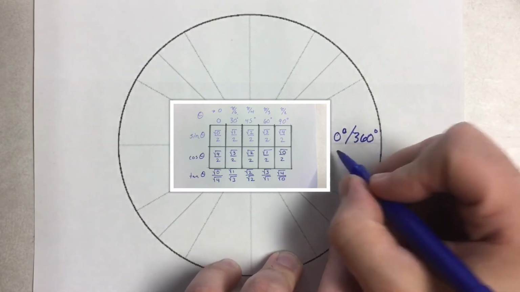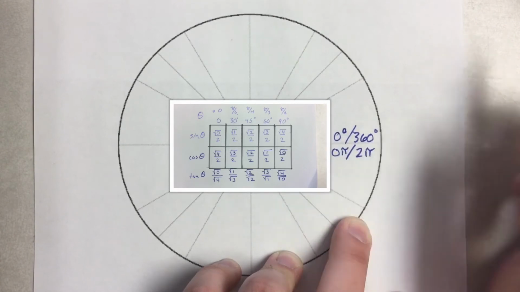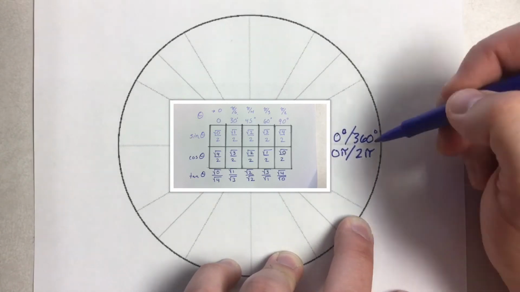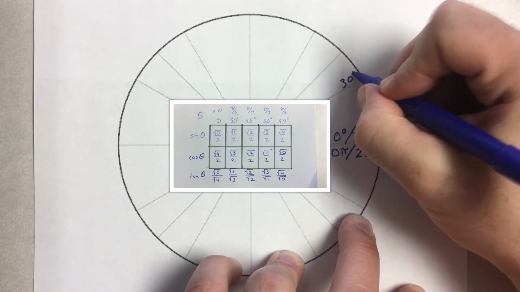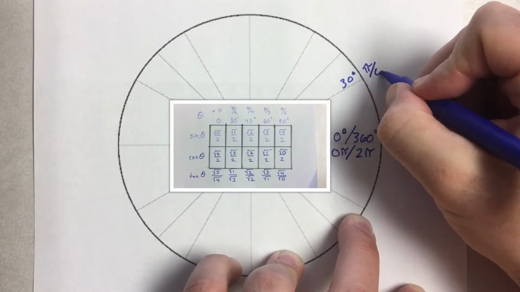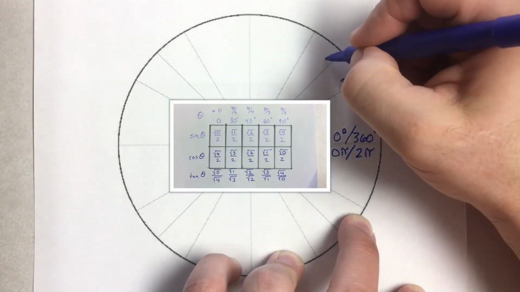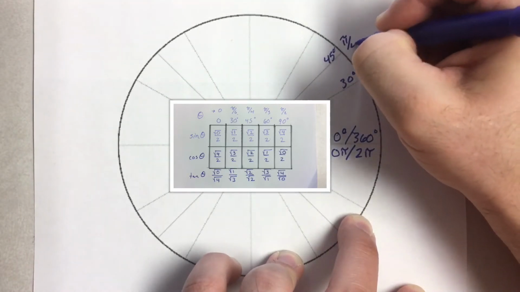In radians, that would be 0 pi or 2 pi. So we went from there. The next angle we saw was 30 degrees, which we know to be pi over 6. And then we saw 45 degrees was next, which is pi over 4.